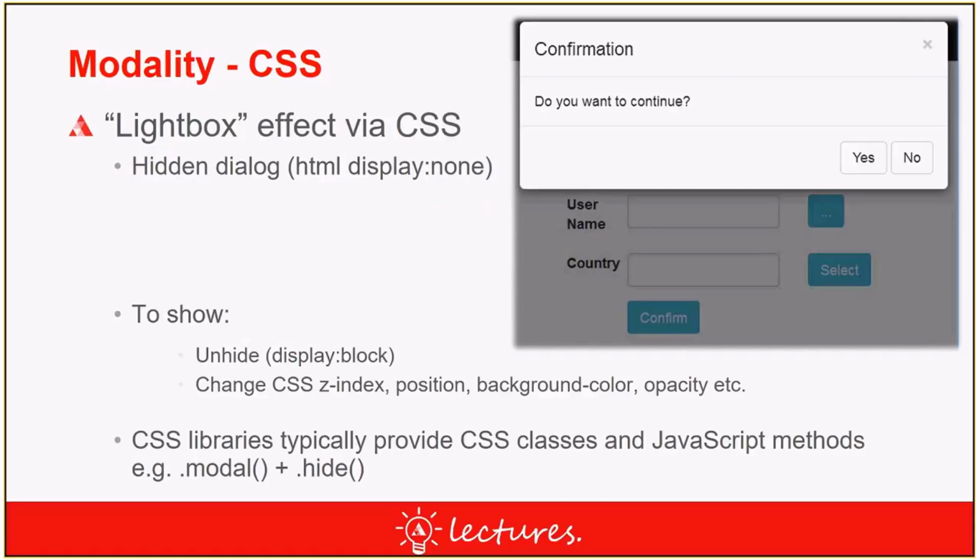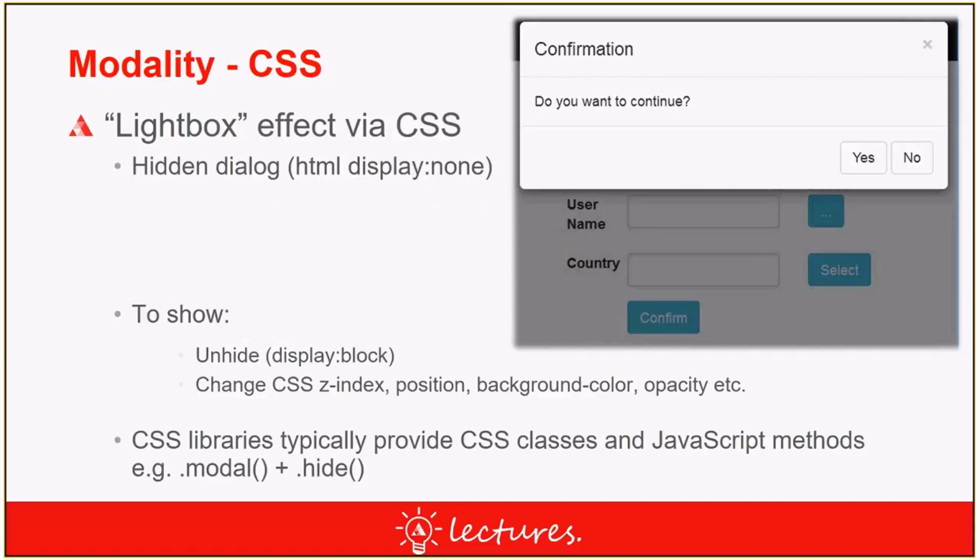The form that you're displaying is actually just appearing at the end of the page, and via CSS we're just moving it to the position we want, and we're changing its Z index, which is basically the depth. Is it in front or behind other things, and the color and the opacity, so that it looks like it's on top of it and the back is grayed out.